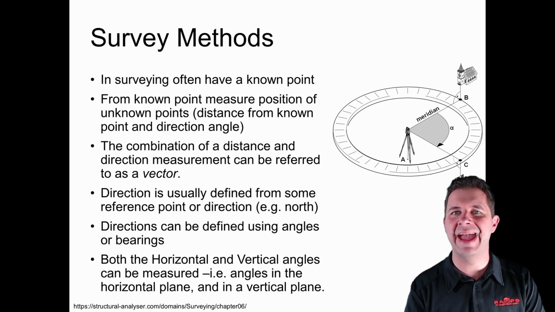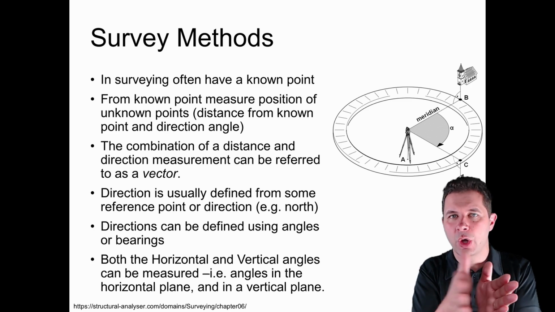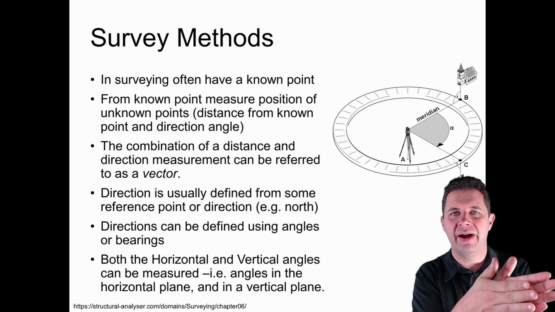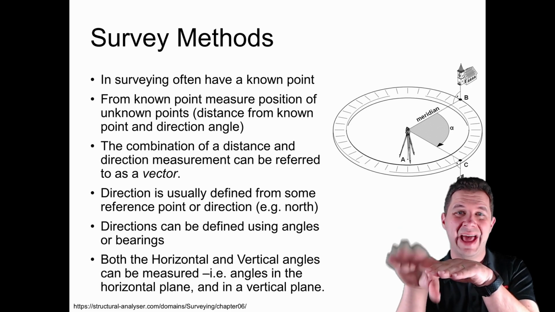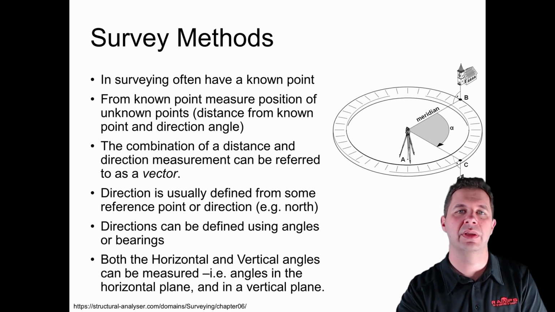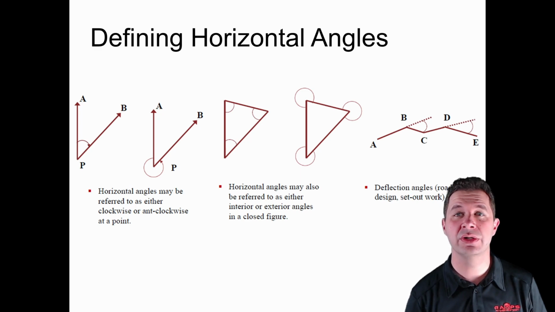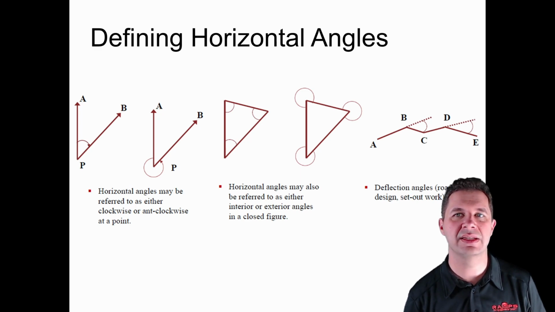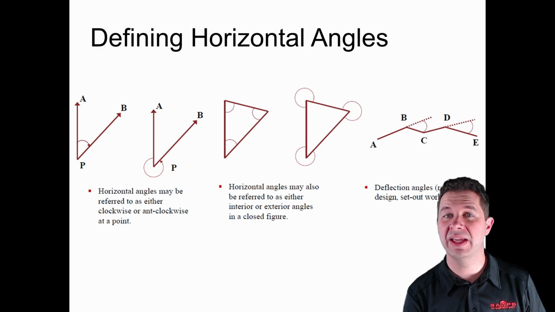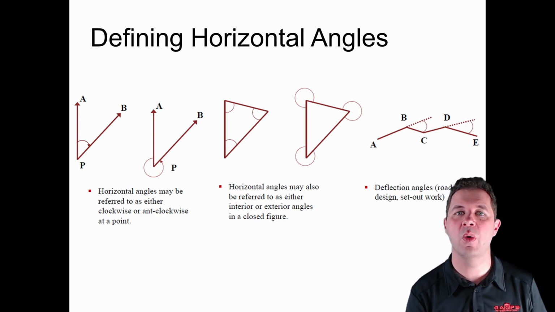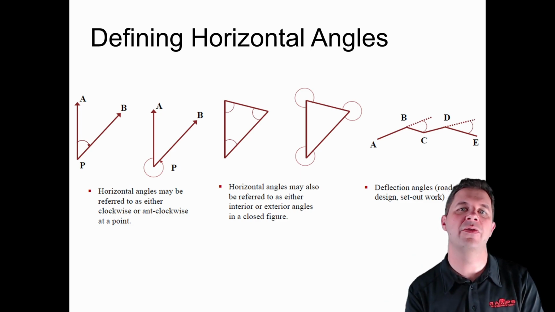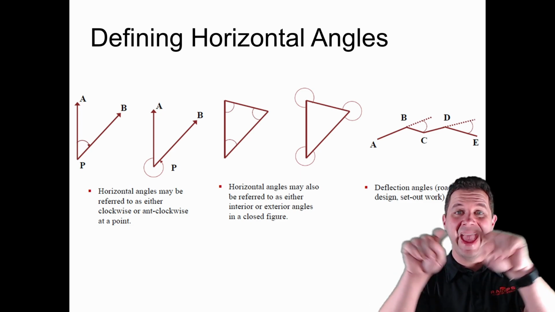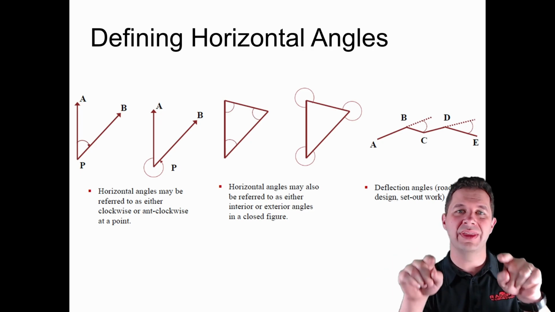And we can measure those angles both in the horizontal plane, so how far it is along the horizon, but also on the vertical plane where we're looking at depression or elevation from the point that we're dealing with. So defining our horizontal angles, if we've got 3 vector points, A, B, and P, we can define our angle either counterclockwise or clockwise from these.